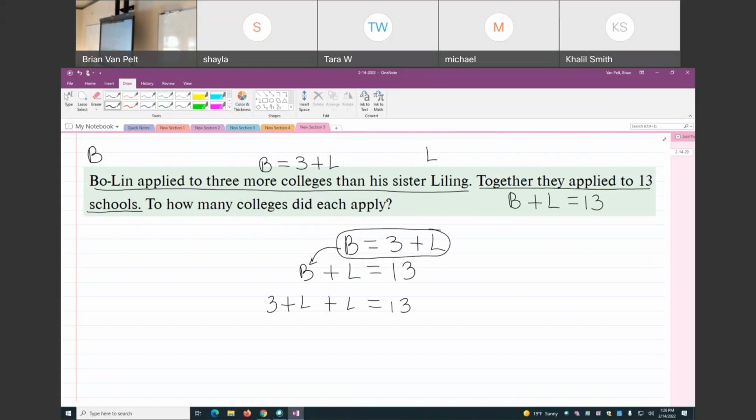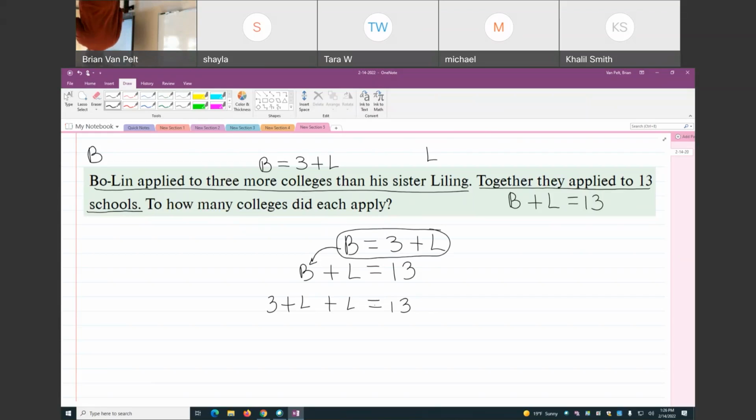You guys follow what I did? See how B became 3 plus L. This plus is right there, this L is right here. I didn't change anything except the letter B. Now, that's an equation that you should be able to solve.